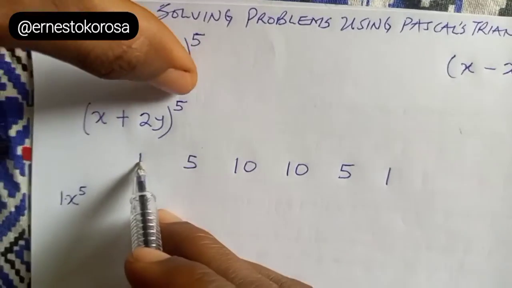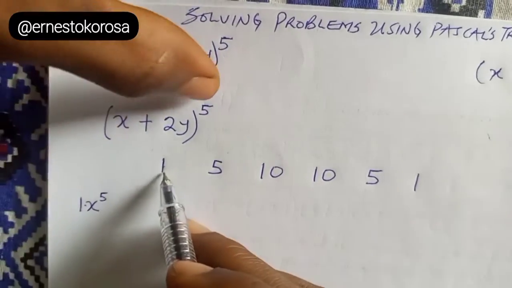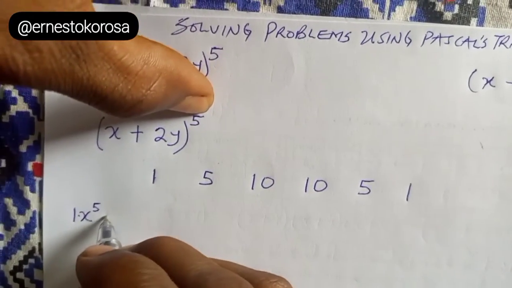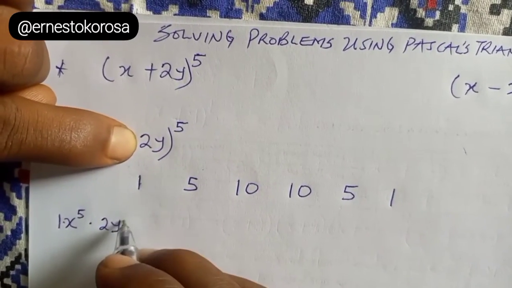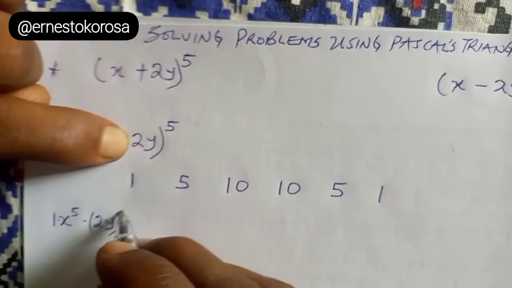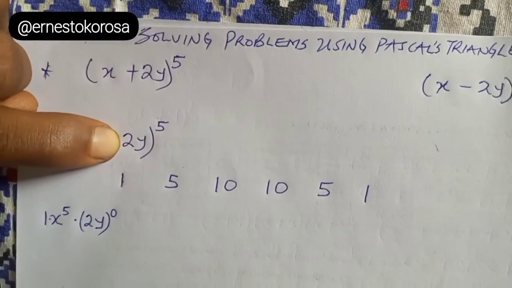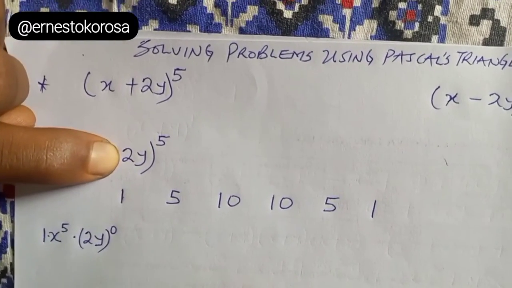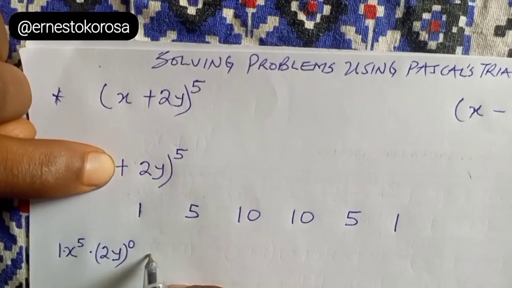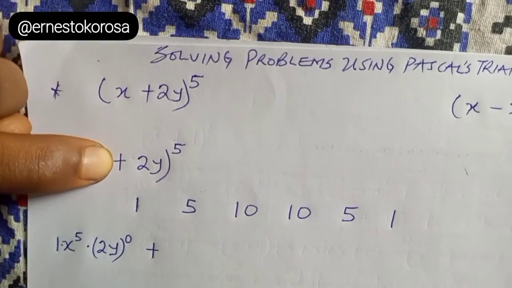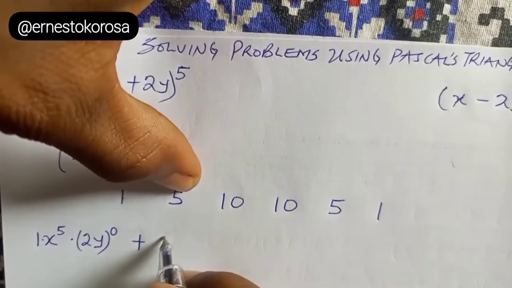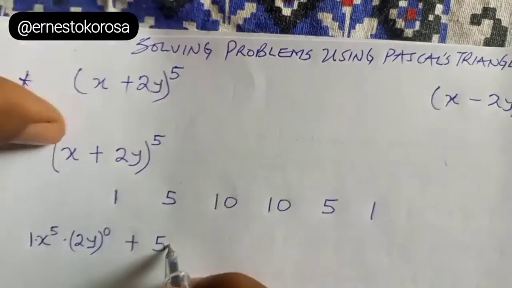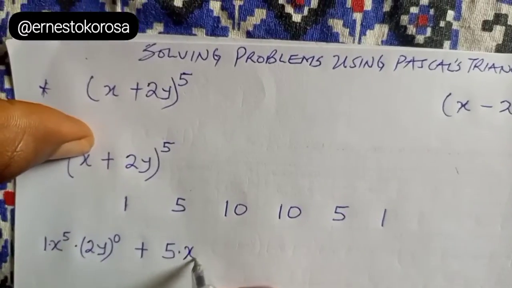So x raised to power 5 times 2y raised to power 0. The next one, because we have a plus, we are adding. The next coefficient we have to use is 5. So we have 5 times x.